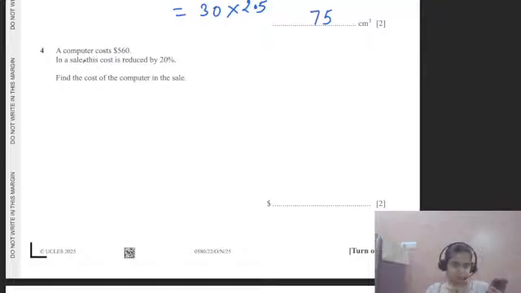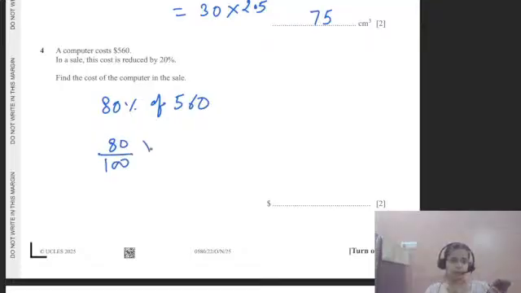Next question, a computer cost $560. In sale this cost is reduced by 20%. Find the cost of the computer in the sale. So cost of the computer got reduced by 20%, so new cost would be 80% of the original cost. Again, make sure not to use calculator. Simple calculation, zeros cancel.